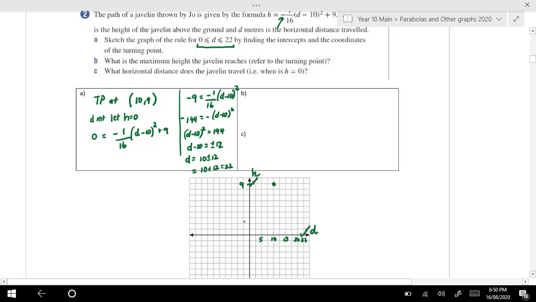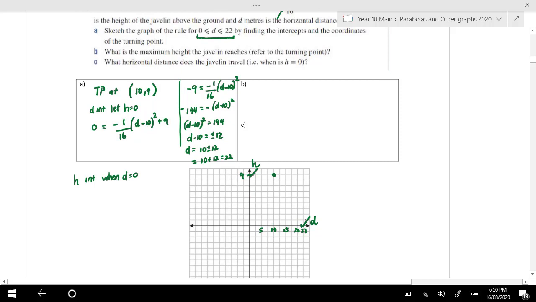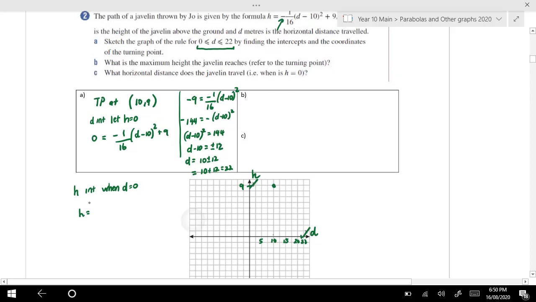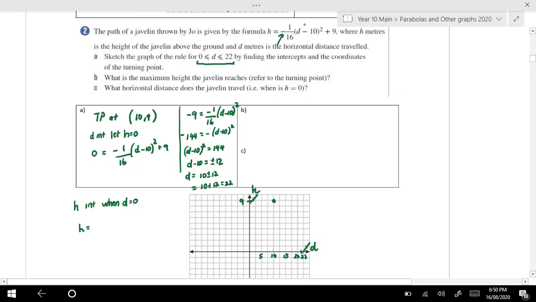And technically, let's find the other intercept before we sketch this though. The other intercept, the h-intercept, is when d equals 0. Let's go ahead and find that. So h is equal to, let's sub in 0 wherever there's a d.